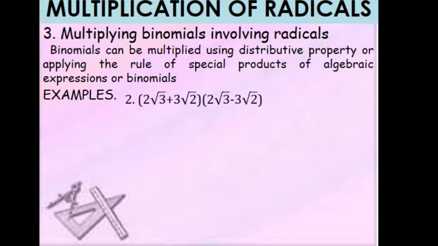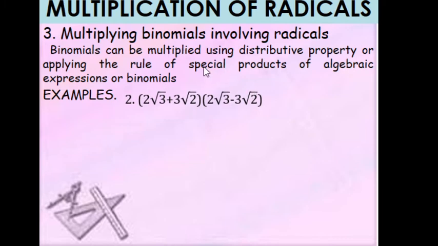Okay, another example we have 2 square root of 3 plus 3 square root of 2 times 2 square root of 3 minus 3 square root of 2. So, kung mapapansin ninyo, pareho silang binomials, magkatulad din sila ng radicands, pero magkaiba lang sila ng symbol. Ang isa ay plus, ang isa naman ay minus.